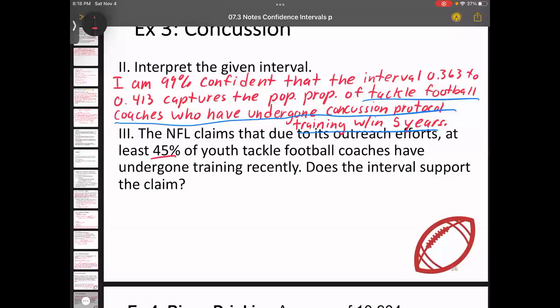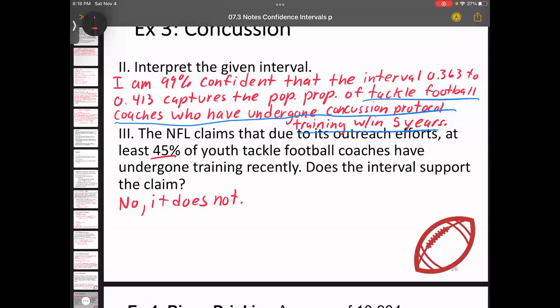Since the confidence interval was 0.363 to 0.413, 45% is bigger than the largest value in the confidence interval. It isn't contained inside the value range. So, no, it does not. It doesn't support this claim.